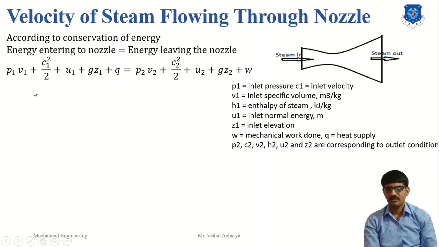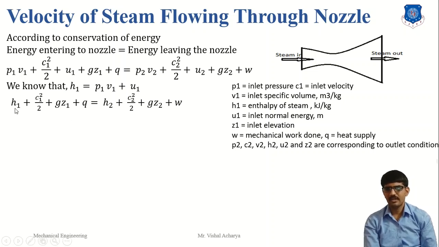Here P1 V1 plus U1 is equal to the enthalpy H1, which we already know. Putting it in the equation, we get H1 plus C1 square by 2 plus gZ1 plus Q is equal to H2 plus C2 square by 2 plus gZ2 plus W.